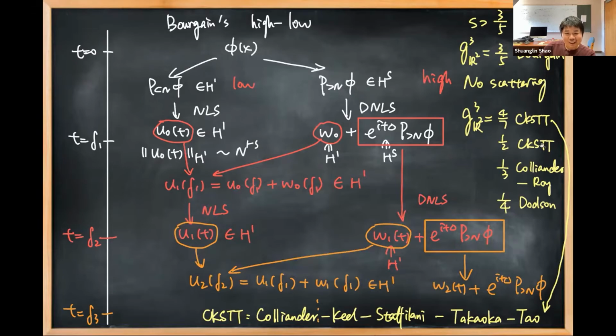Keel is the student of Klainerman. Staffilani is a student of Kenig. So they are experts in PDE, but Tao knew nothing about PDE. So I think these two introduced the equation to him, and then they wrote a lot of joint work in the last 10 years.